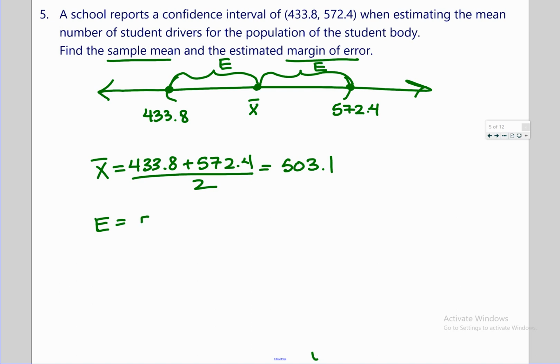So I'm going to do the maximum number there, the 572.4, and just subtract the 503.1. You get 69.3. It's the margin of error. Okay. Questions on 5?